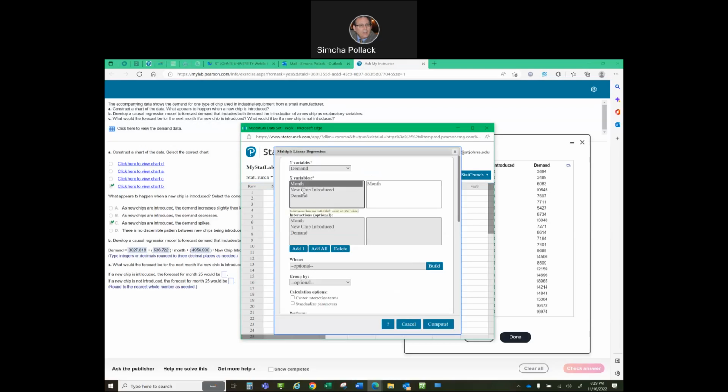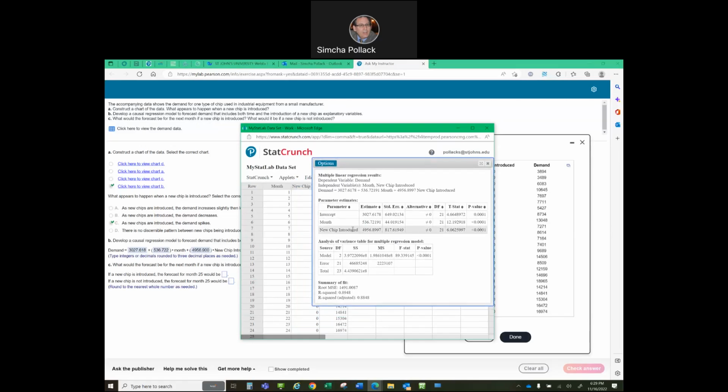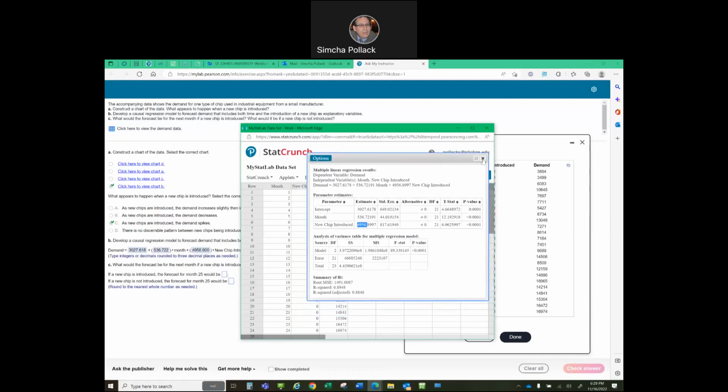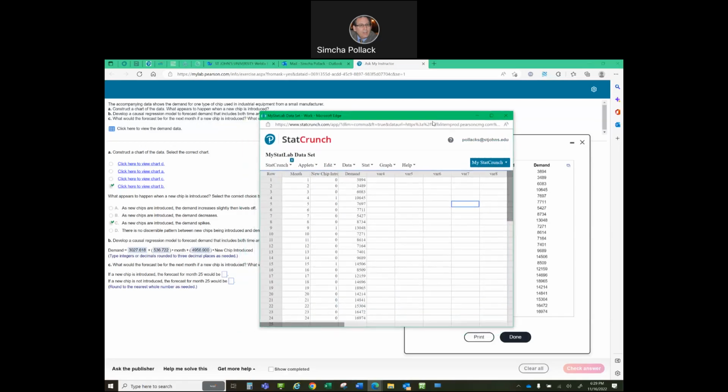We're going to use month and new chip introduced to compute it. And we see that both variables are significant. The intercept is 3027, the month coefficient is 536, and the new chip introduced variable is 4956. So that's why this second part is correct.